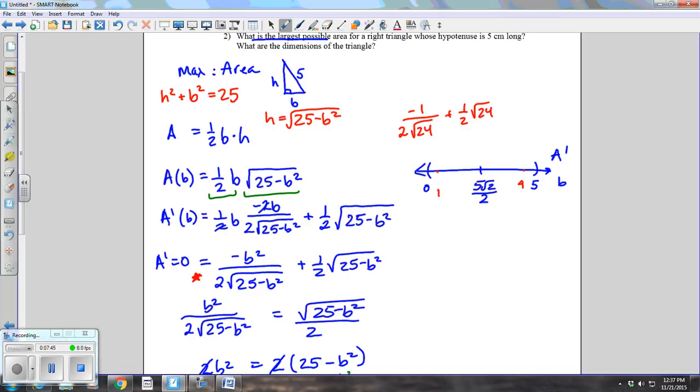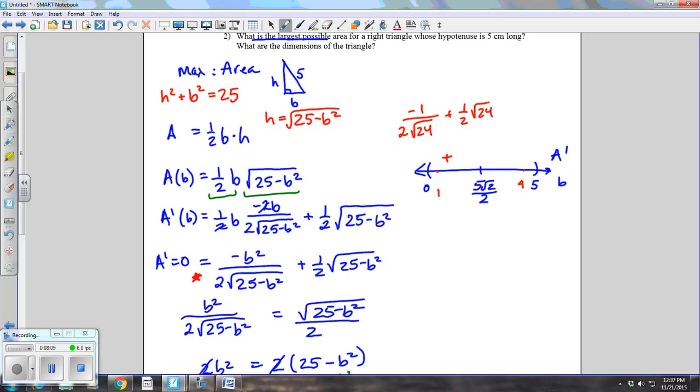Might want to pick up my calculator. You might want to justify what I'm doing with the calculator here, but I'm going to look at that first term and say it's a negative fraction. And the second term is a positive non-fraction bigger than 1. So if I do this in my head, it's going to be a positive number. Should probably validate that this is true on the calculator.